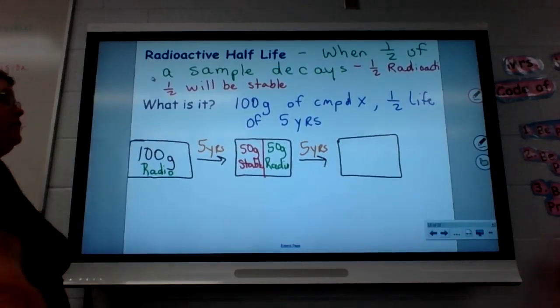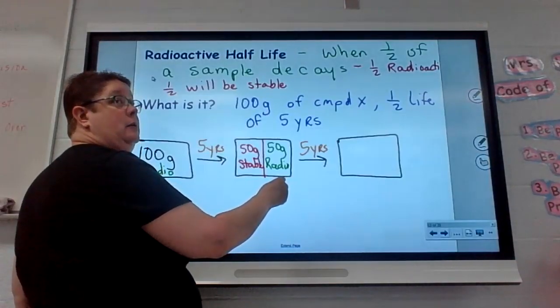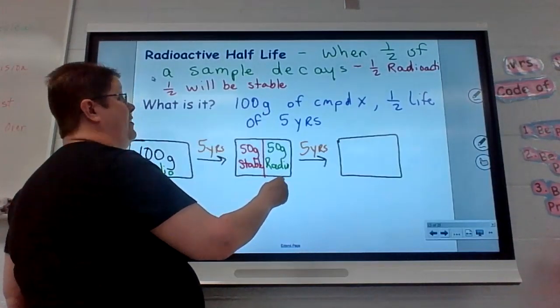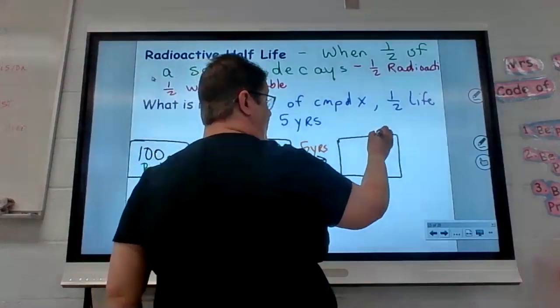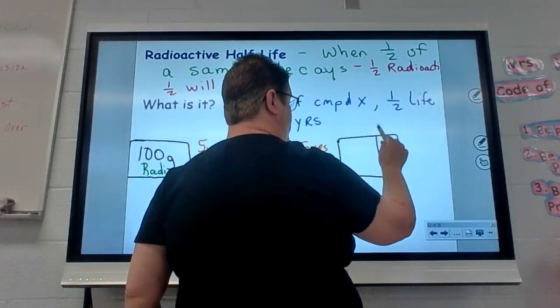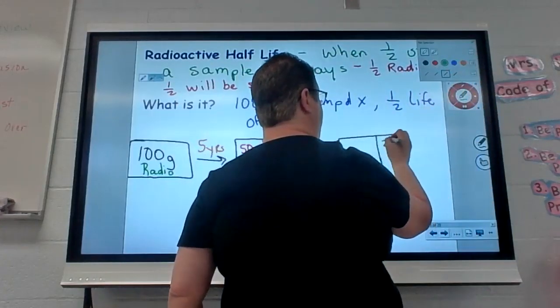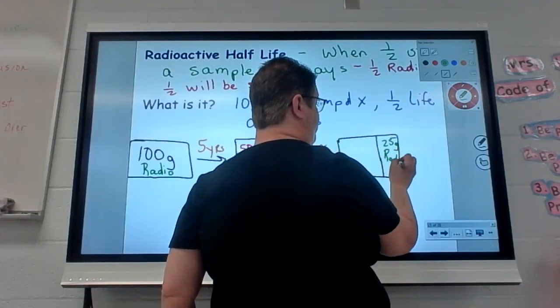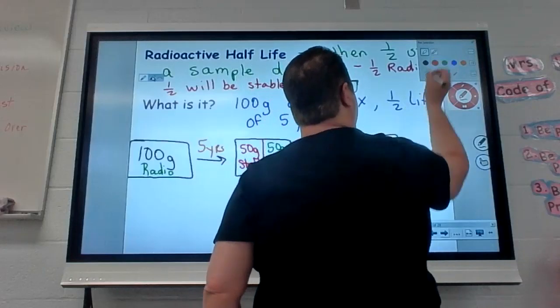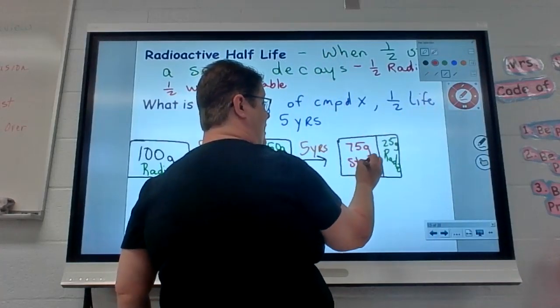All right, so this 50 grams that is radioactive does what? Half-life again. Okay, it divides again. So that 50 divides, and so I wind up with 25 grams is radioactive, and now 75 grams is stable.